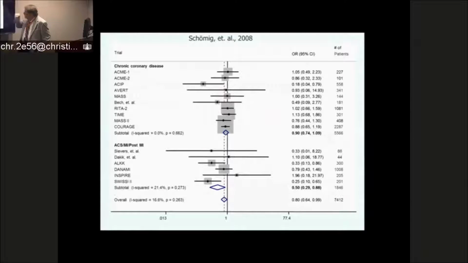What that means is that these are homogeneous; in other words, whatever differences you see here are just due to random sampling. That's not the case for the post-MI patients. In fact, the I-squared goes up a little bit to 21%. But you can see the differences here. There's no benefit of PCI for the CAD patients, but there is for the post-MI patients.